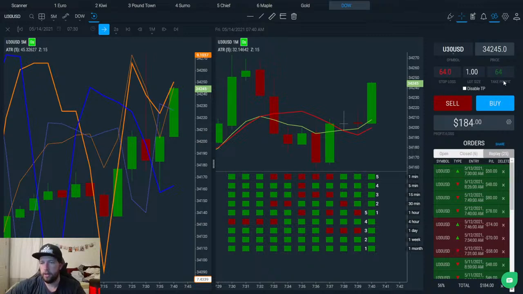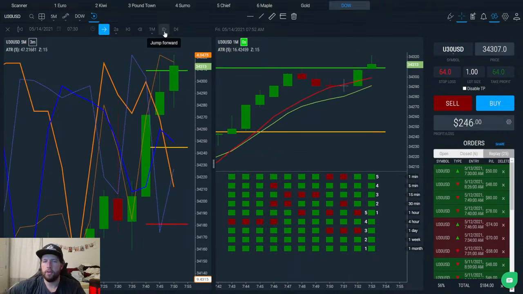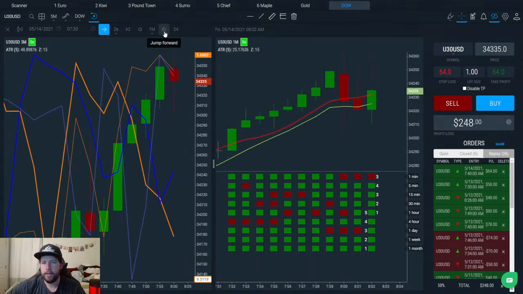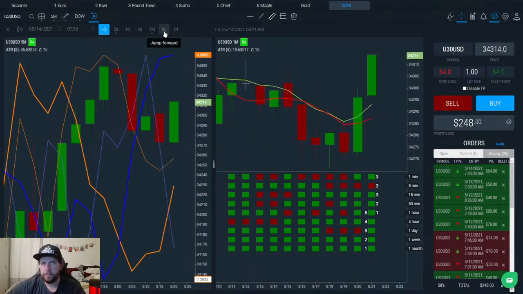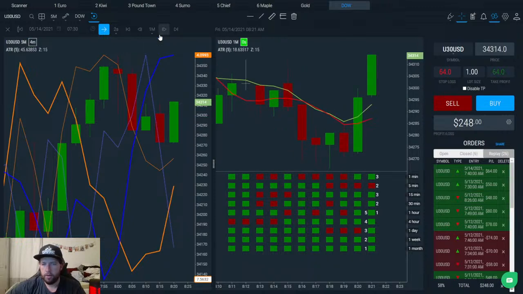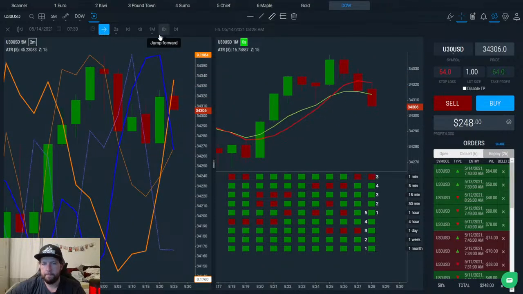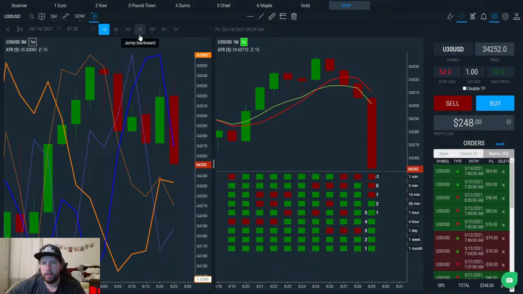Go long here. Well, there we go. Keep going until we see the next signal. Nope, not quite. There's actually a sell.